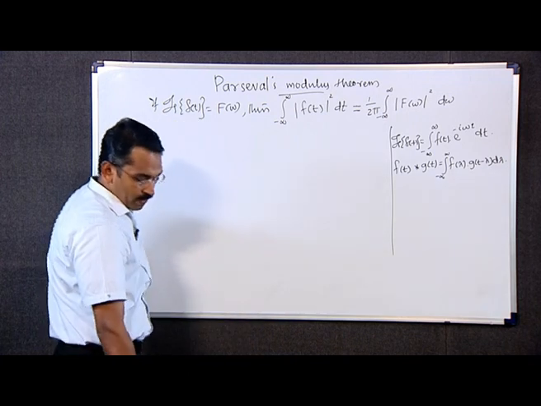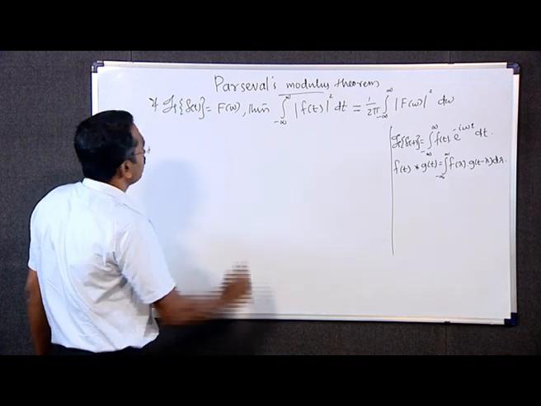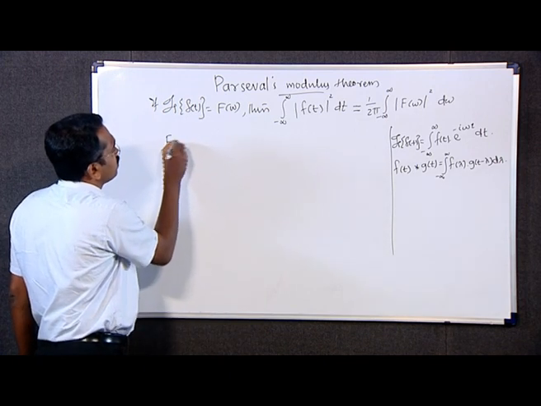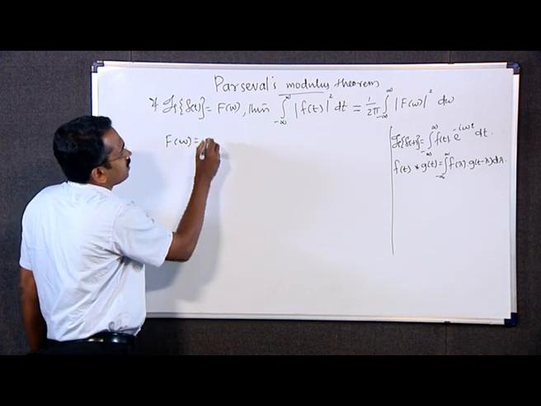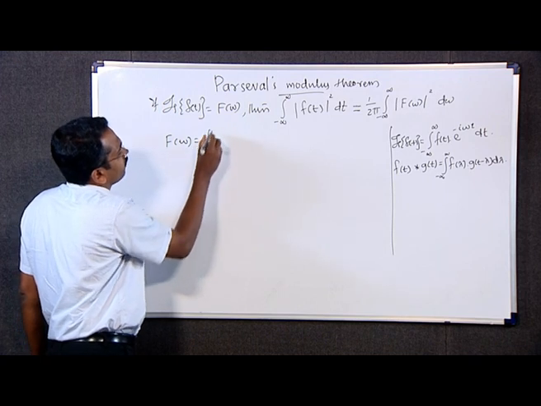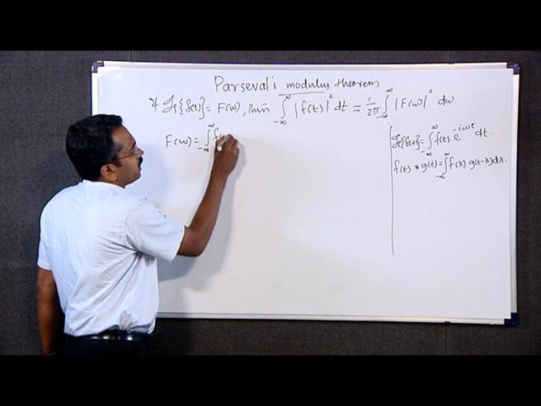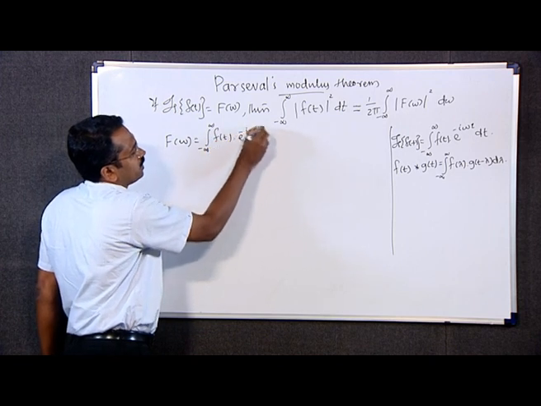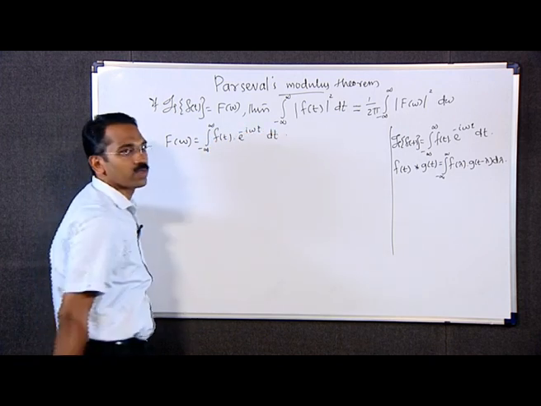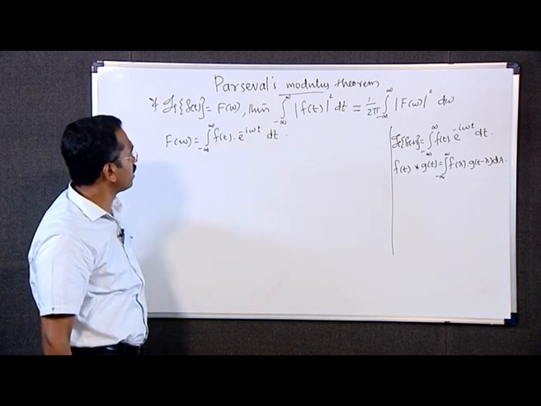Now, consider F(omega). By the definition, it is the integral from minus infinity to infinity of f(t) into e raised to minus i omega t dt. This is the definition of Fourier transform.